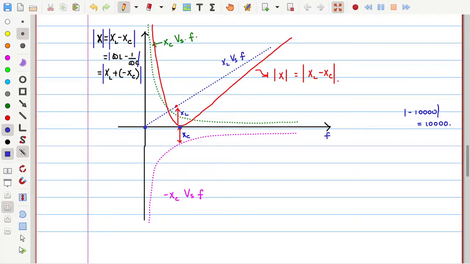XL is equal to XC, but one is opposite to the other, one is positive, the other is negative. As a result, the net reactance is 0. So when frequency is changing, at a particular frequency the inductive reactance XL is equal to the capacitive reactance, and the net reactance becomes 0.